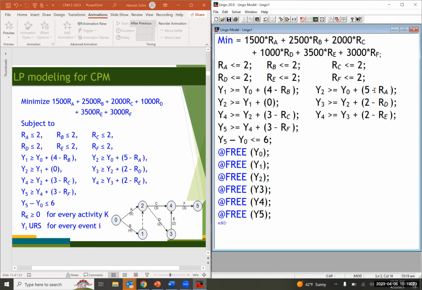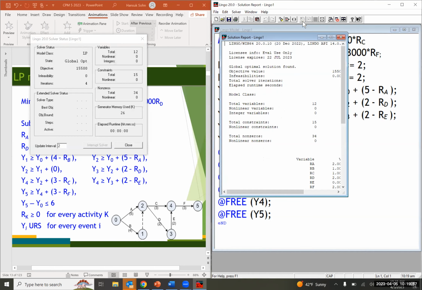Okay, yeah, that's different, because I got this formulation typed in Microsoft Word, so some of these symbols cannot be recognized by Lingo. So even this, I'm going to change. Let's see. Okay, yeah, it's working.